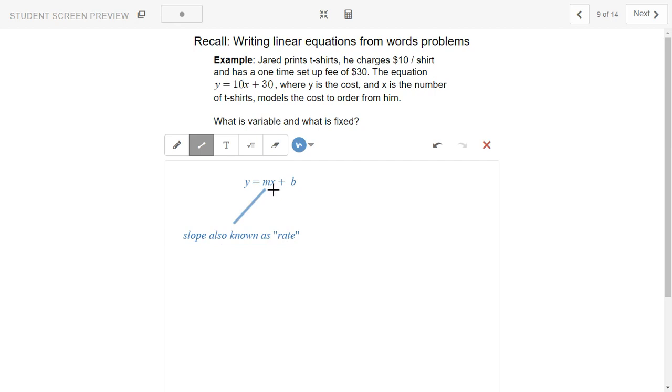But the difference is we have an x. X is our variable. The reason this is variable is because depending on how many shirts you order from Jared, your cost is going to change.